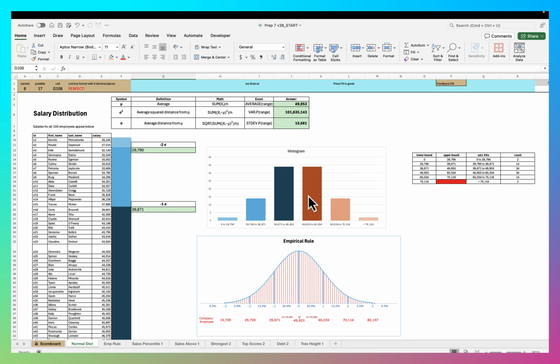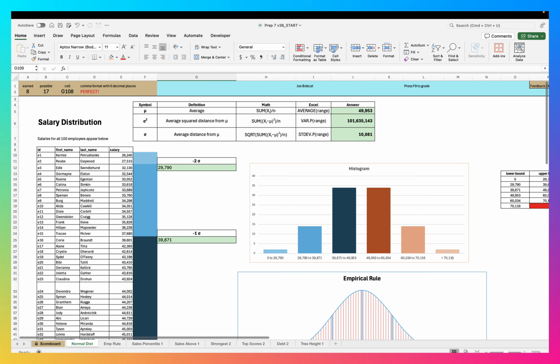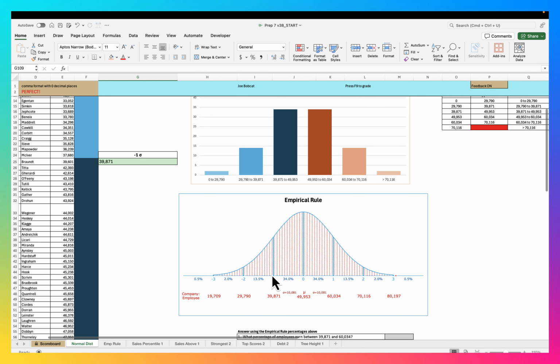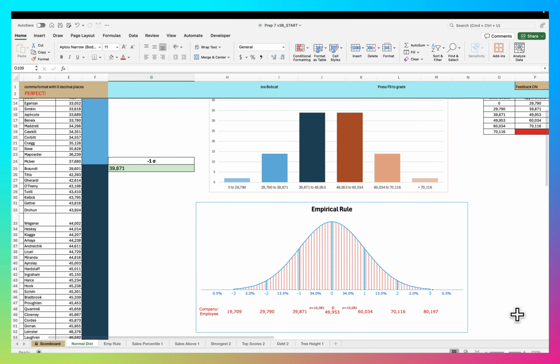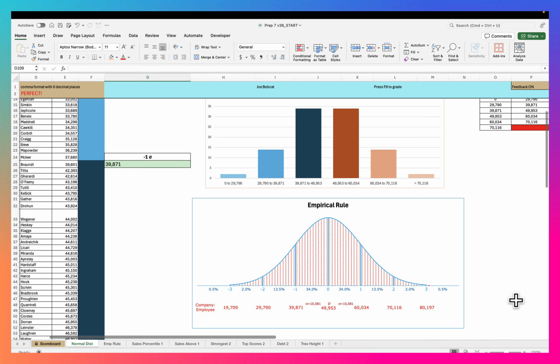And so if you think of these bars as these little lines here, then eventually if we get enough observations, we get really a smooth curve, and that curve is called the normal distribution. And the reason that's a big deal is because we know a lot about the normal distribution. It has some statistical properties which we use to our advantage.